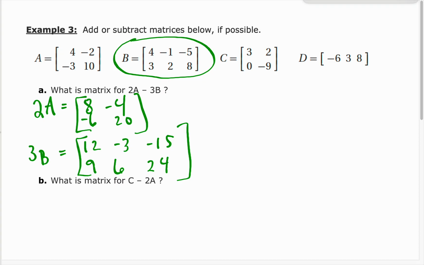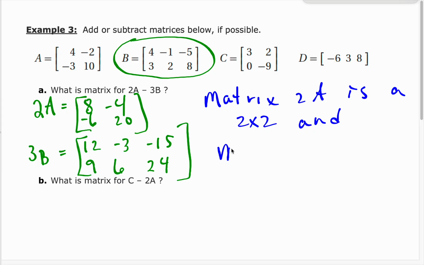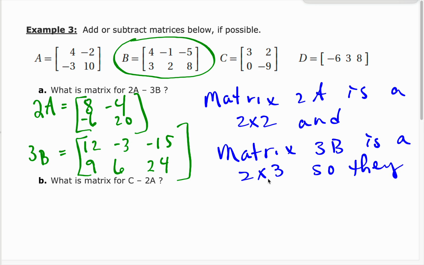Well, we have a problem because matrix 2A is a 2 by 2 and matrix 3B is a 2 by 3, so they cannot be subtracted.